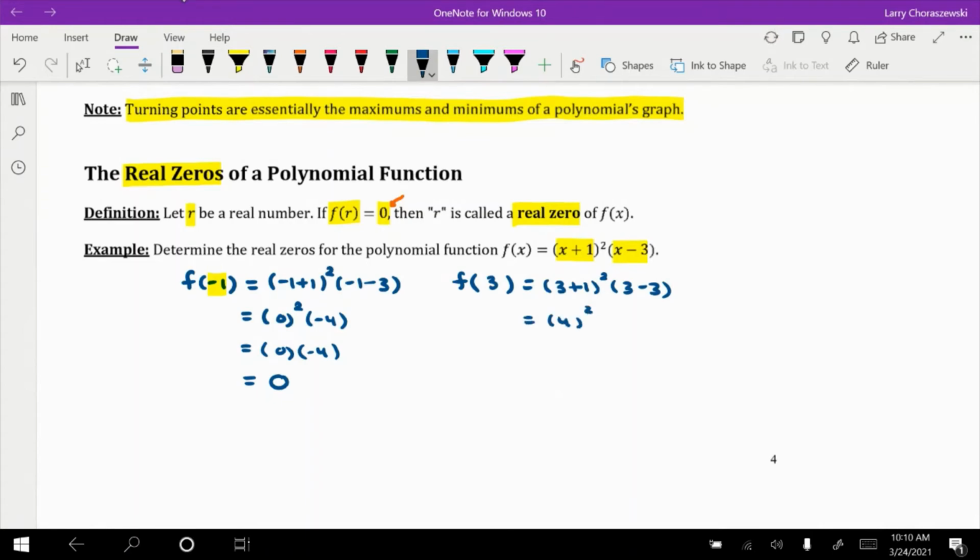That's 4 squared times 0, which is 16 times 0, and we get an output of 0. It turns out that these are the only two numbers that you could plug into the function to get outputs that are equal to 0. So to answer this question, the zeros are the numbers that got plugged in, negative 1 and 3.